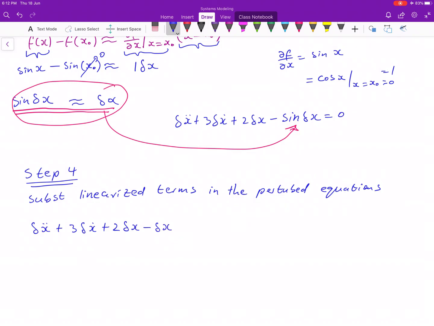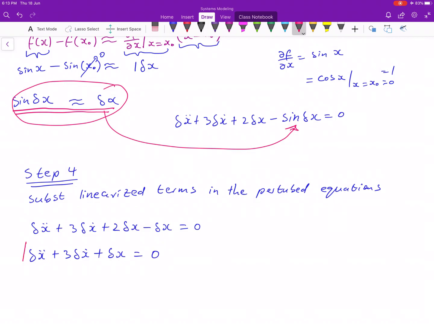Now we are writing delta x instead of sine delta x, because we said sine delta x is approximately delta x, and we can simplify this as delta x double dot plus 3 delta x dot, and 2 delta x minus delta x will give us plus delta x. So plus delta x is equal to 0.